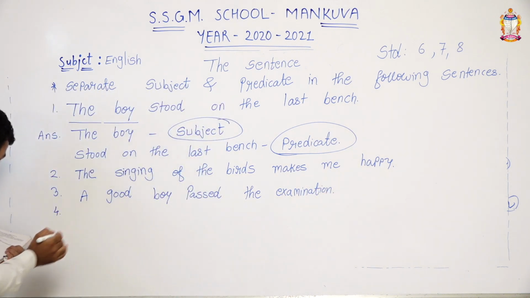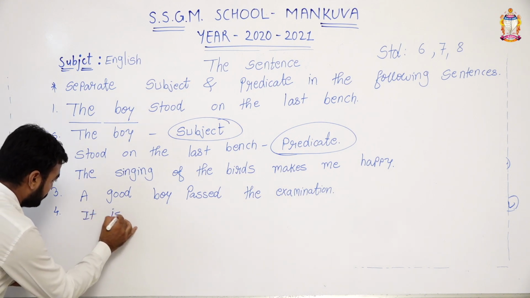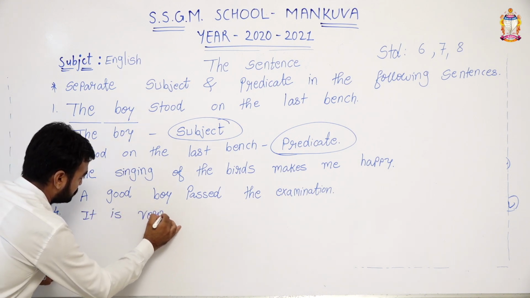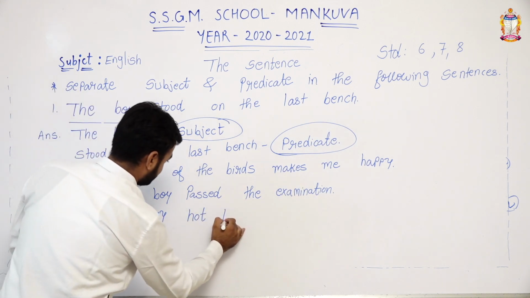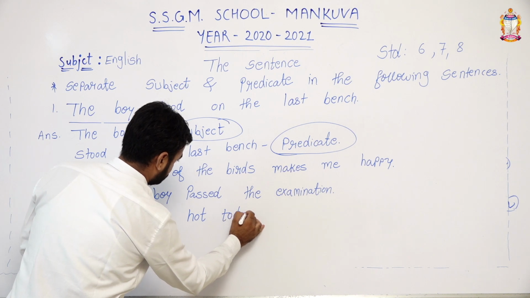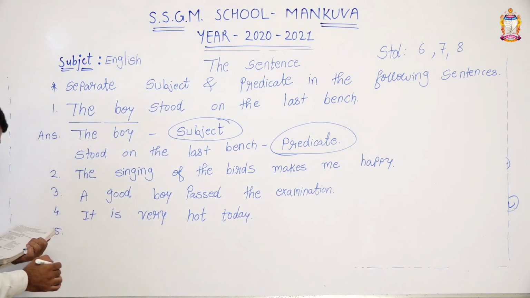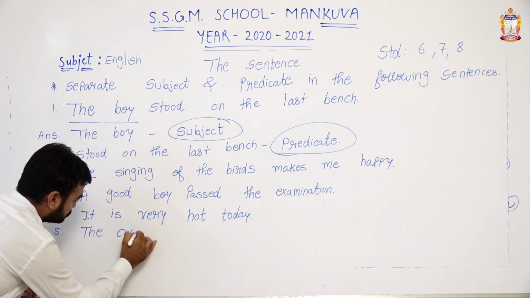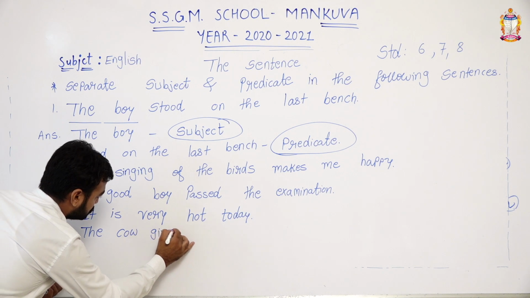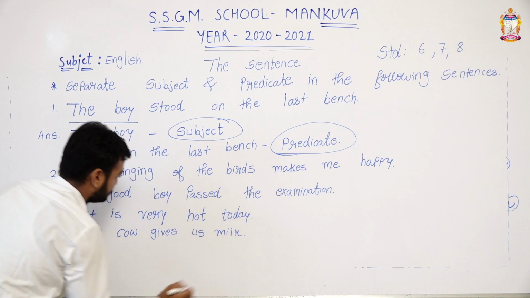Number 4, it is very hot today. Number 5, the cow gives us milk.